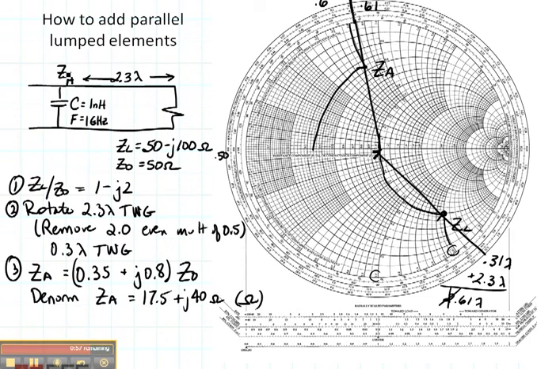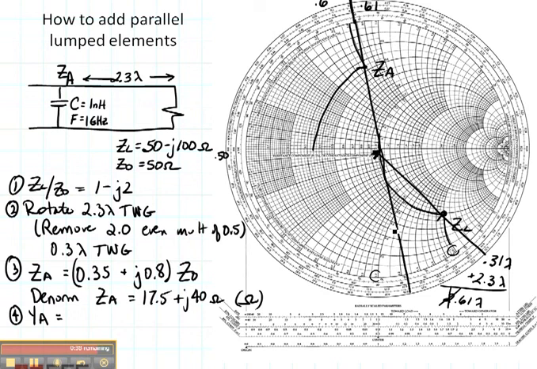So the next thing that I'm going to do, in order to get YA, I could either do it with my calculator, and I could say that it's 1 over ZA, or I could just take my straight edge and translate the ZA value through the center of the Smith chart like this.